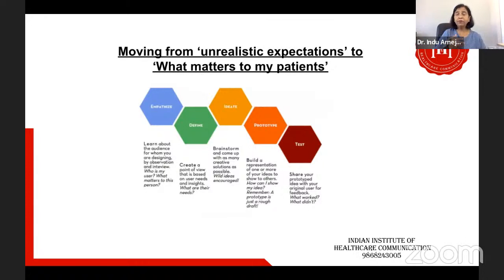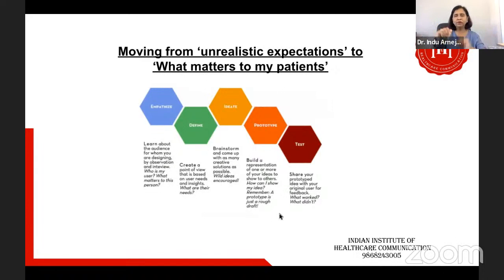It's good to have people who are not even from healthcare, because a lot of ideas can be transposed from one discipline to another. People from the corporate sector or from different industries can be used to ideate, because they may already be familiar with this kind of setup, or they will be able to give you new input. Based on those ideas, you now need to create a prototype or maybe a small sample.